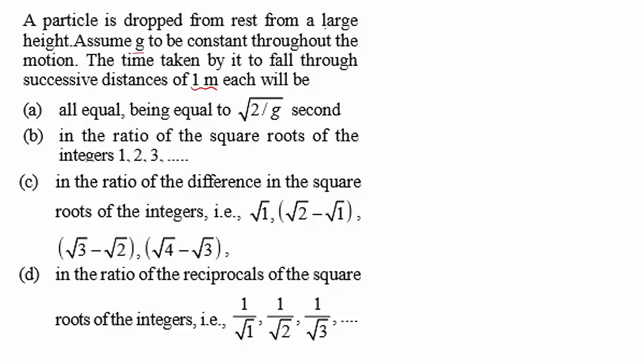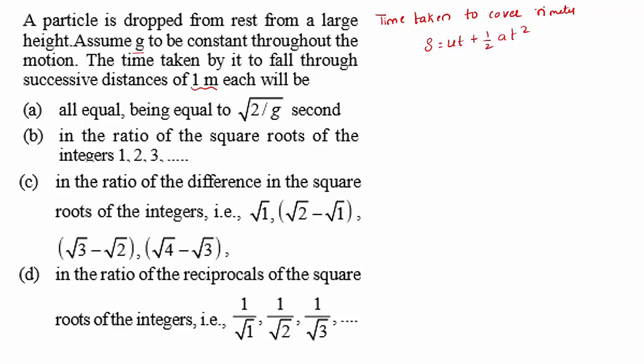So first, I am going to write the time taken to cover n meter. Let us take n meter in general. So we know the equation S equals ut plus half at square. Substitute the values.